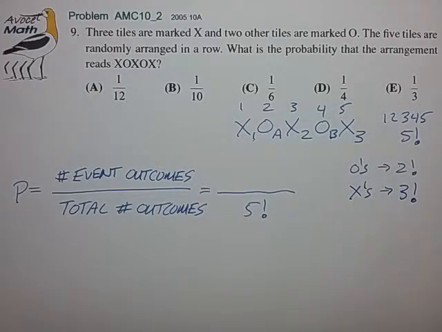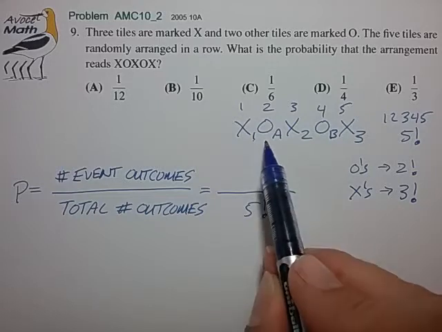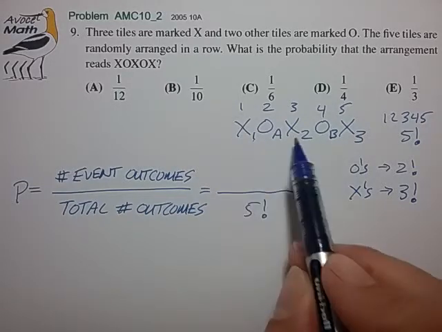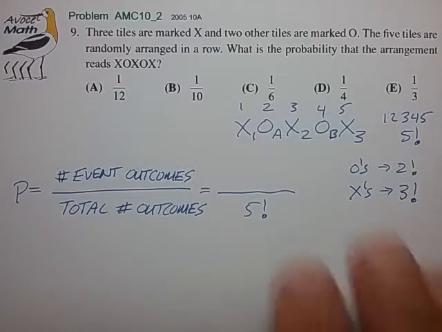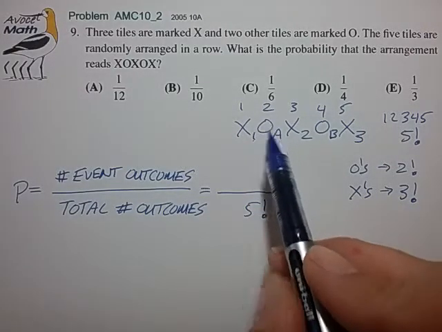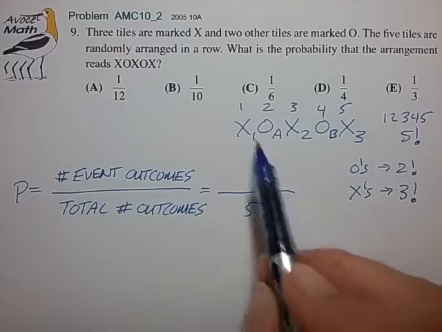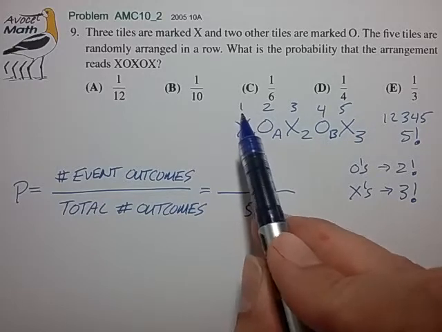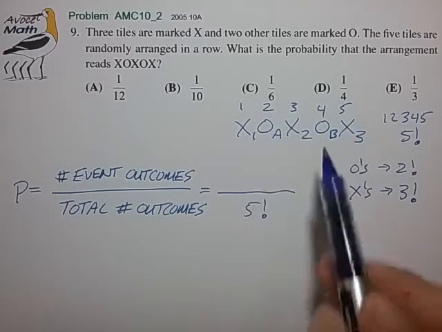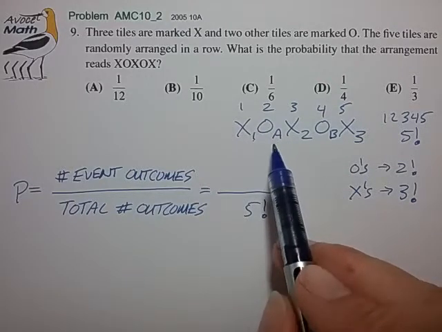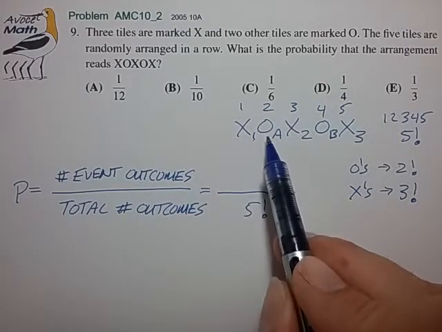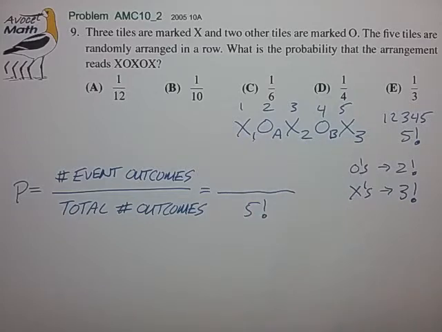And now we reach another critical point in these counting problems. We have to decide whether our arrangement of the O's is in fact independent of the arrangement of the X's. So in this case, since the O's can only occupy positions 2 and 4, and the X's can only occupy positions 1, 3, and 5, and they are in fact distinct objects, we see that there's really no connection between our choices of the O's and our choices of the X's.